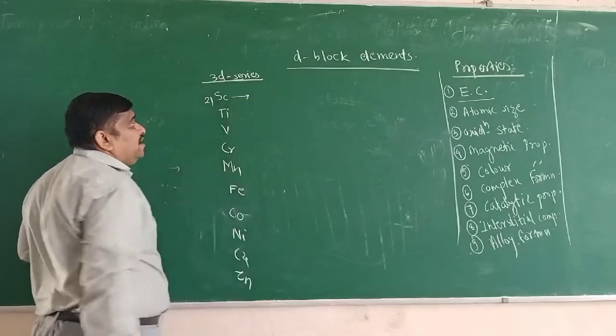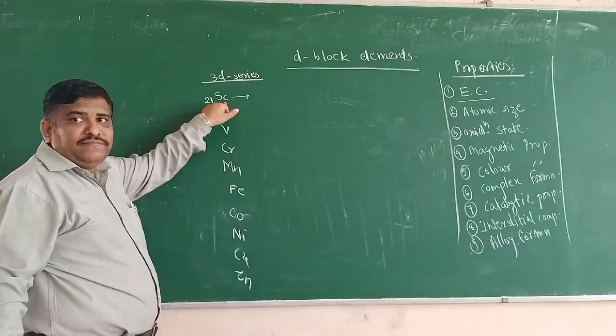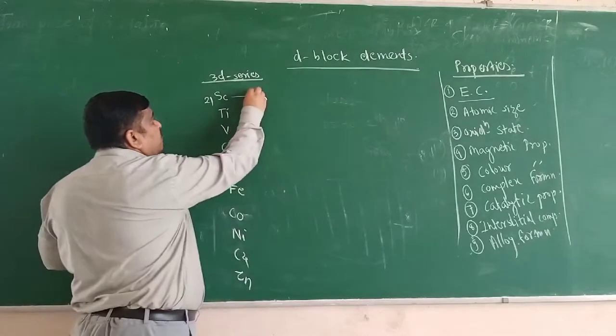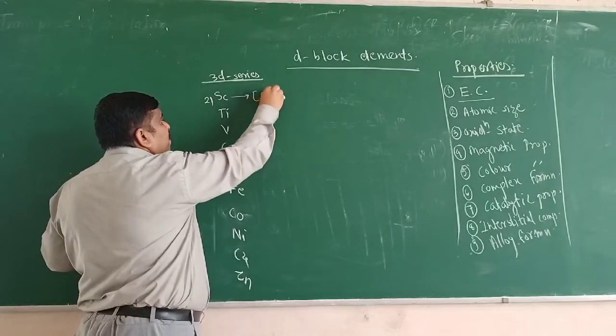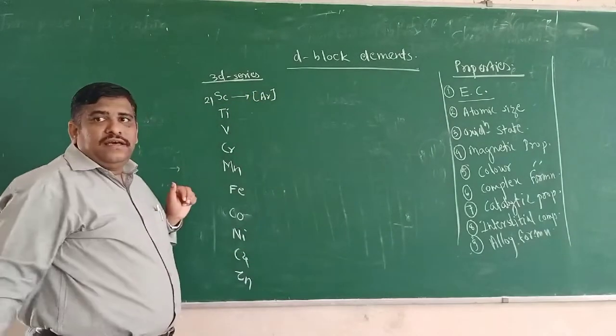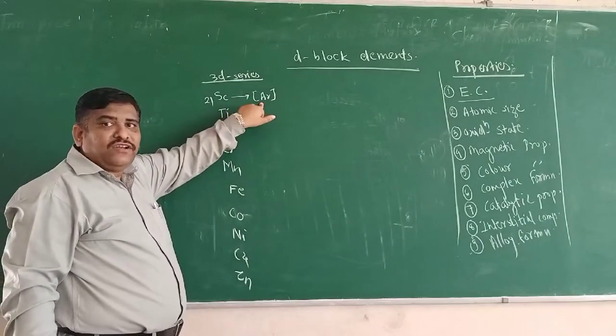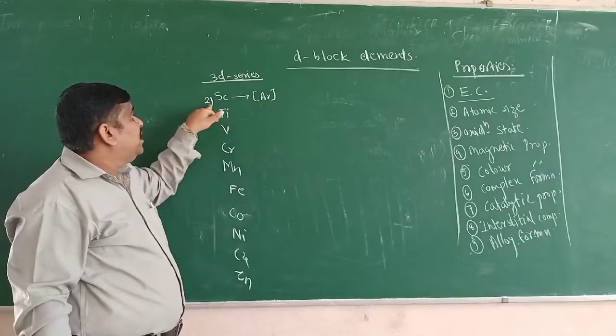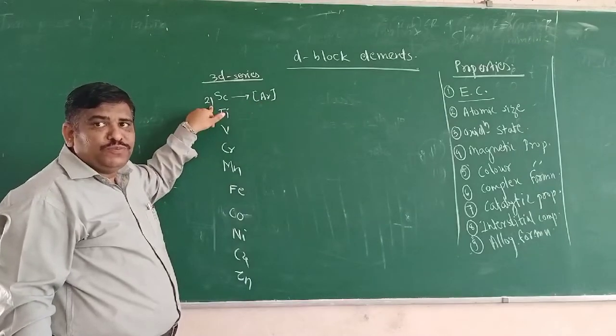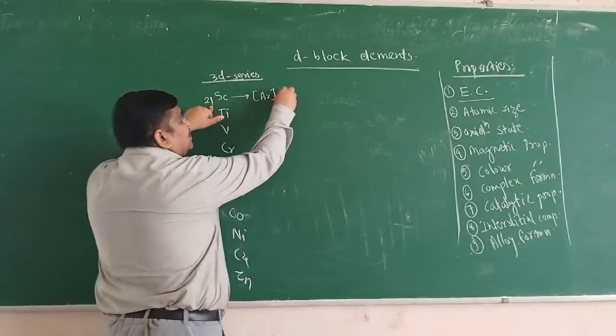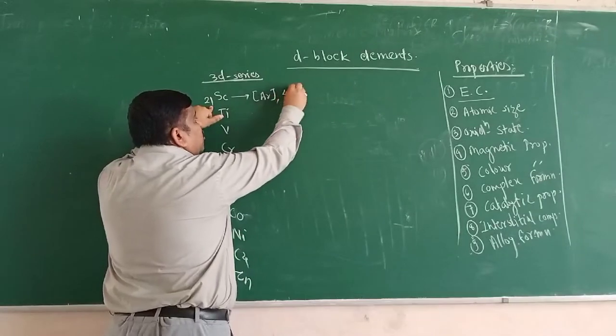For 21, scandium, I write argon. In the basic lecture I told you, argon covers 18 electrons. The remaining 3 electrons you need to distribute. After argon, the next subshell is 4s.